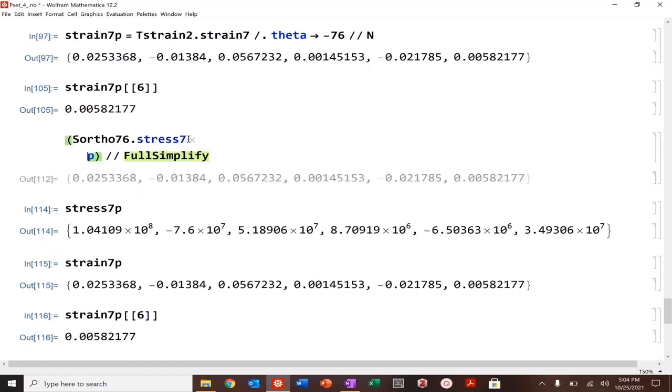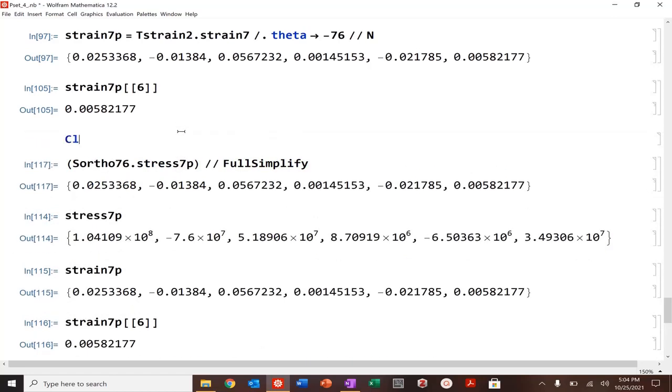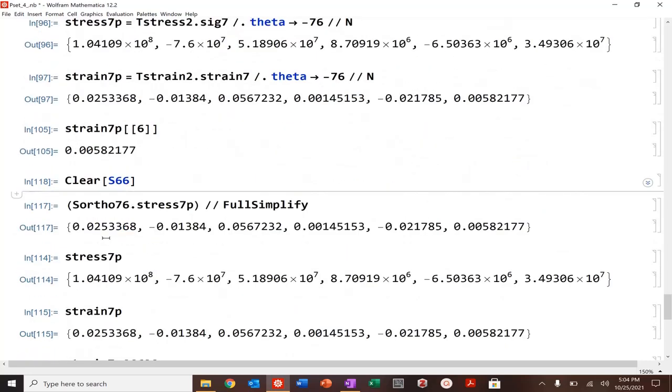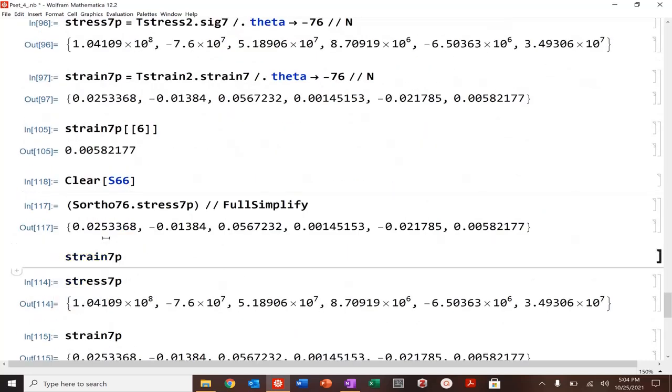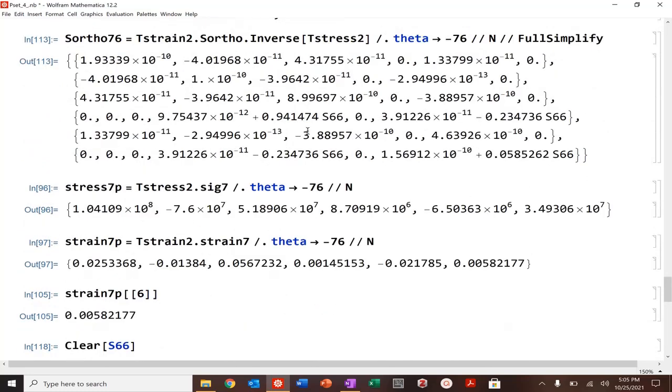This is giving me this value here. Let's see if this matches our strain 7p. It does match, so it looks like what's happening here is that we're canceling out. We're not being able to solve, essentially, for this S66 here, which is a little bit unfortunate.